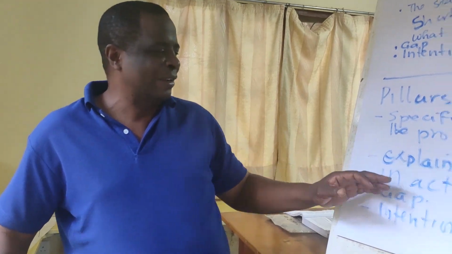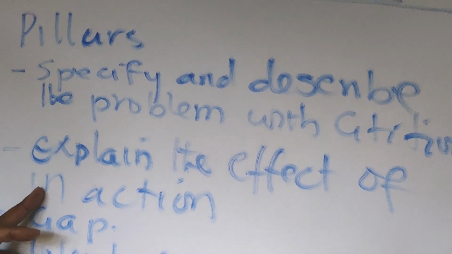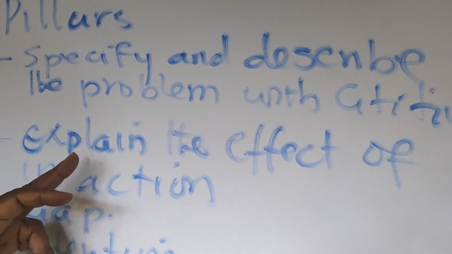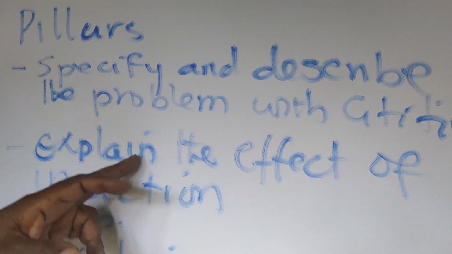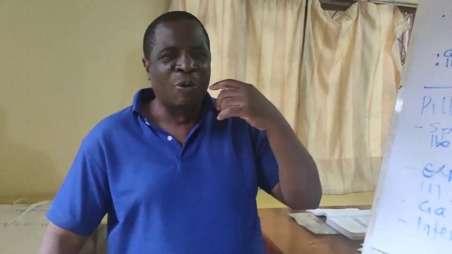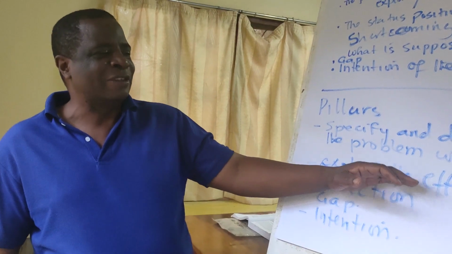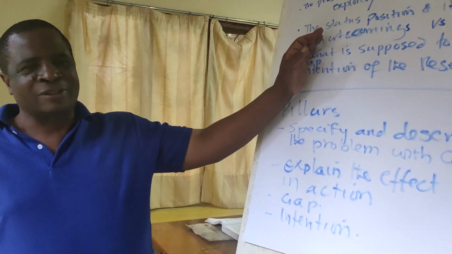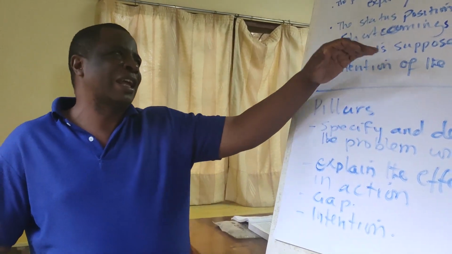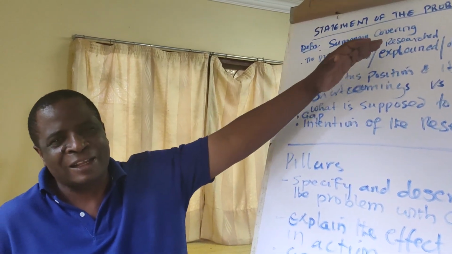And then you should explain the effect of the inaction. You should explain in the statement of the problem the effect of not going according to directives. What is happening to the ordinary people who are not getting free medical services, which they are supposed to get because of the policy and the directive of the government or the authority, because of the directive which is contained in the Convention for the Elderly at the global level.